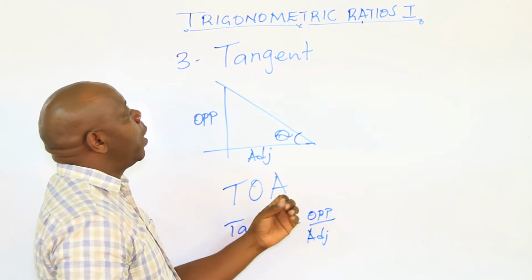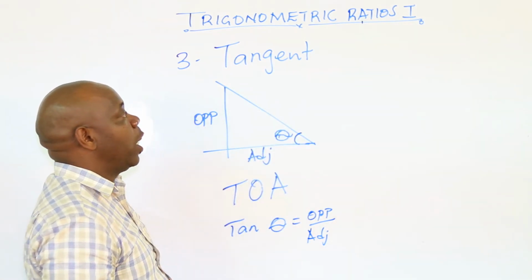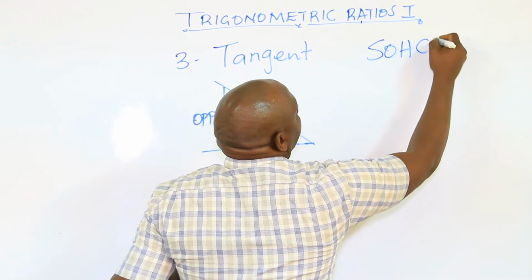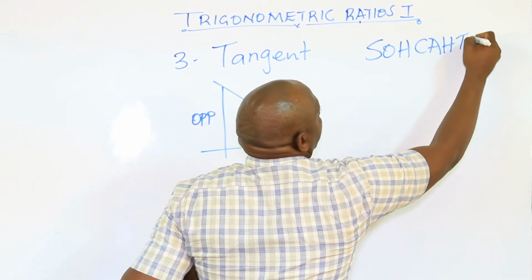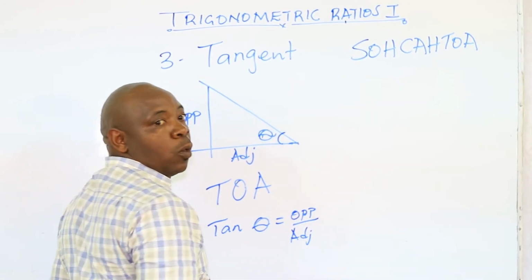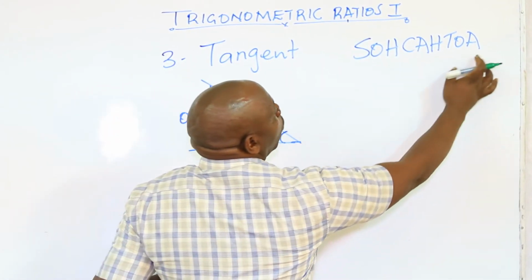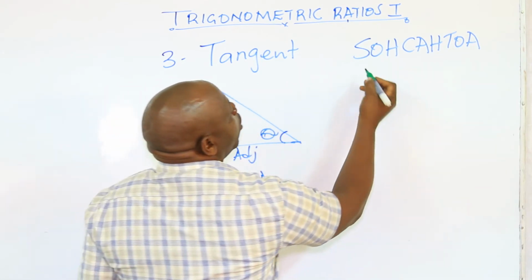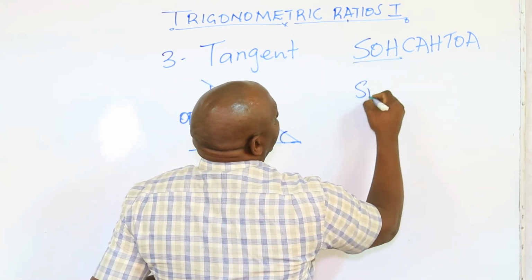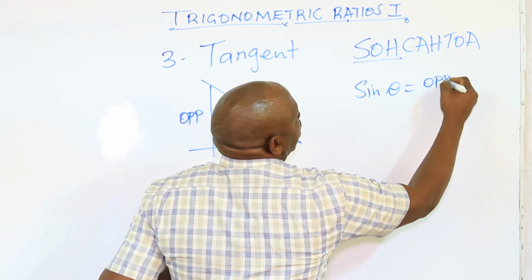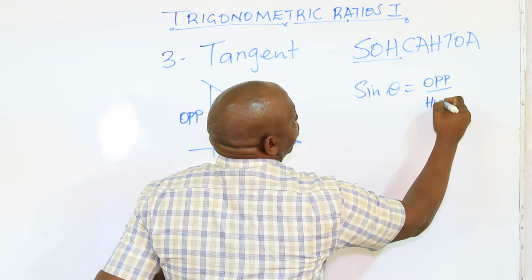So if we combine those three relationships together, we get SOHCAHTOA. We coin the word SOHCAHTOA. From this word that we have coined, you can see clearly sine of theta equals opposite over hypotenuse.